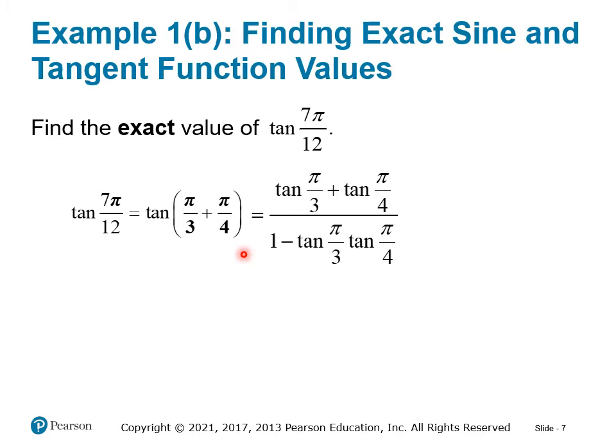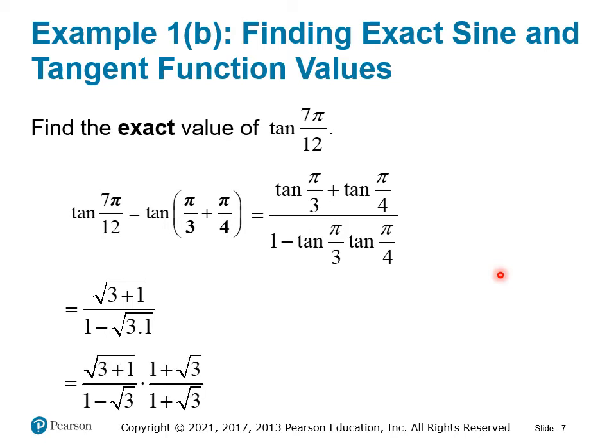So again, we just plug in. Remember that the numerator is the same operation, so it's a sum, and in the denominator it's the opposite, so it's a difference of their product. We can then plug in the values, and we get the square root of 3 plus 1 over 1 minus the square root of 3.